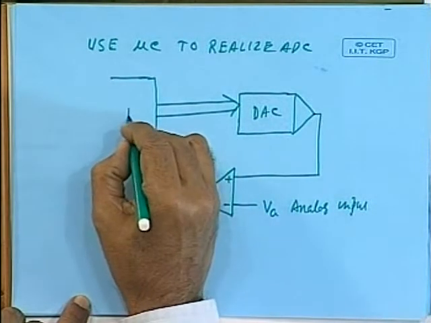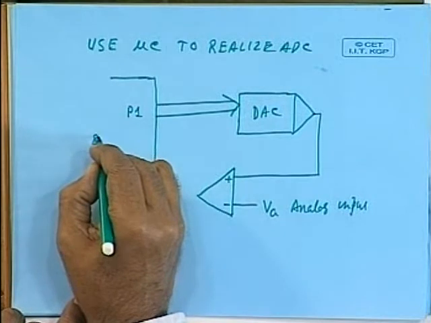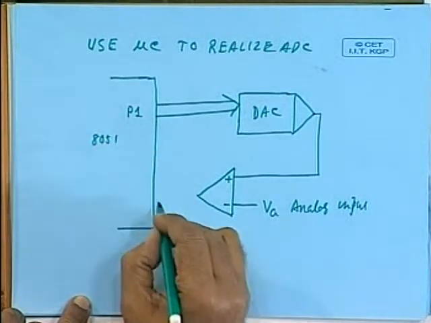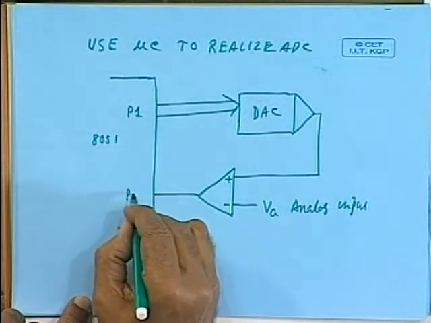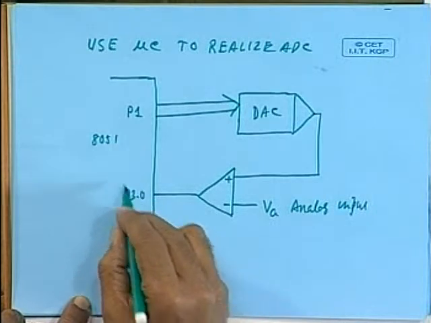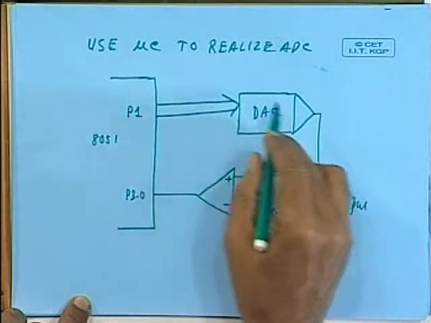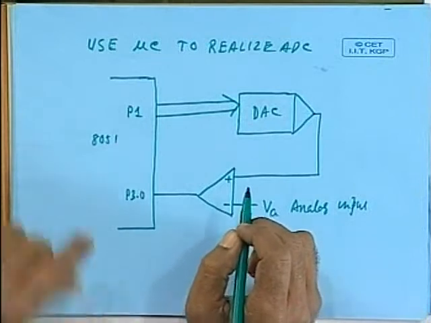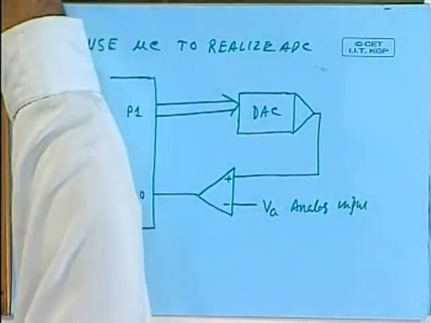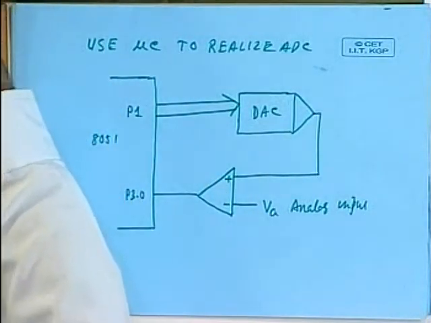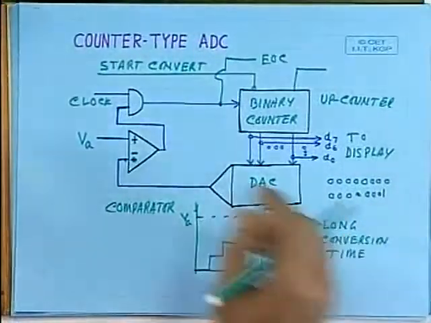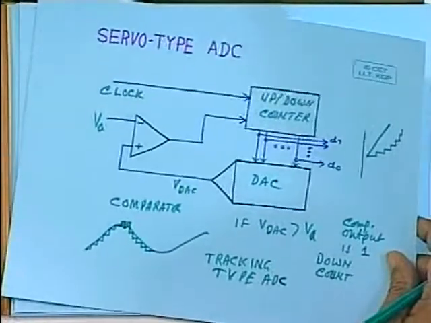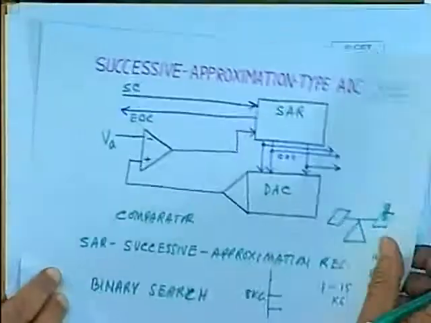Say, let it be connected to port 1 of 8051, and this let it be connected to port 3.0 of the 8051. So, with this hardware connection, you can realize one of these three algorithms, say counter type, servo type, or even the successive approximation type.